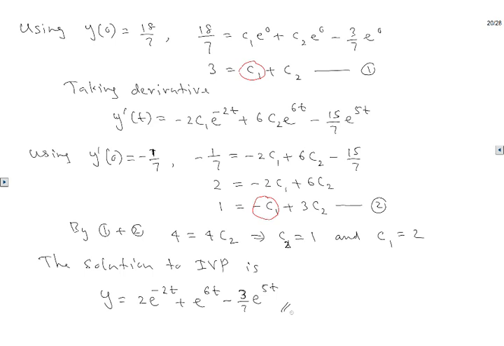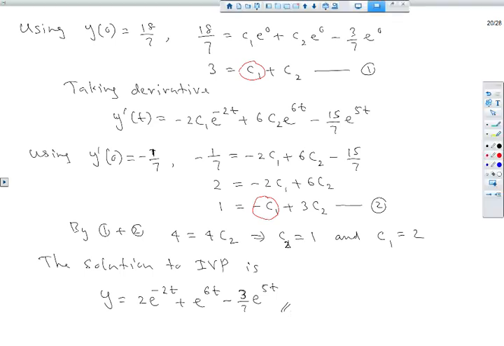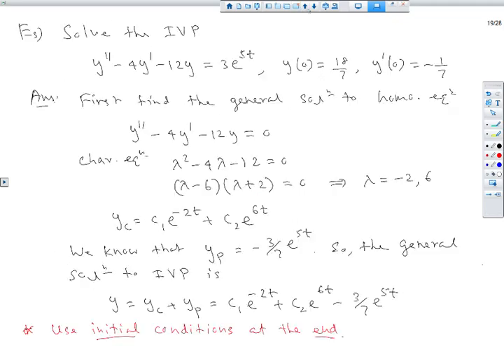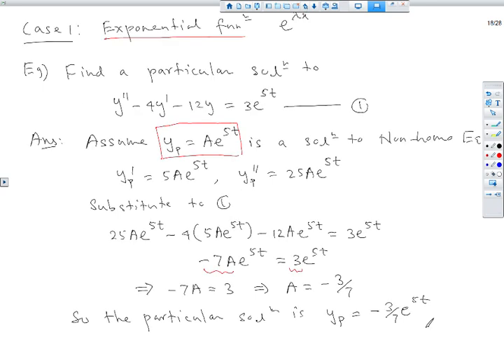So we find the particular solution first. If you go back to the problem, let's see what we did. We tried to find the particular solution first. We look at the non-homogeneous part, and you're going to see e to the 5t.